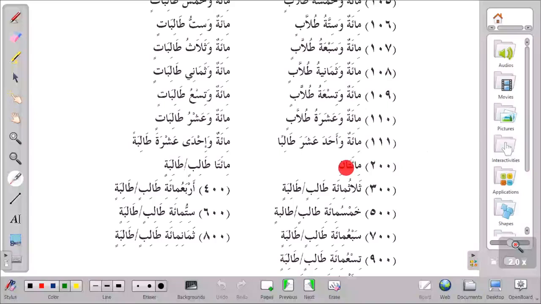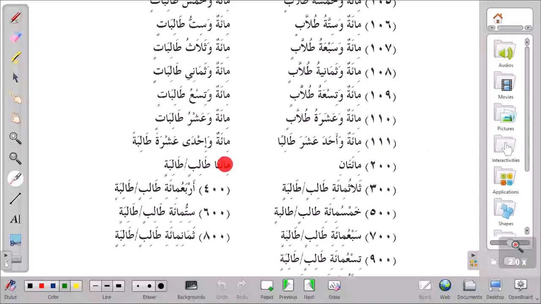When the noun is dual with alif wa nun, the nun is equivalent to the tanween. So the same way, if the noun has alif wa nun, meaning it is a dual noun, and it is mudaf, the noon will have to be removed. So that's why you now see mi'ata talibin, 200 students, because it is mudaf.